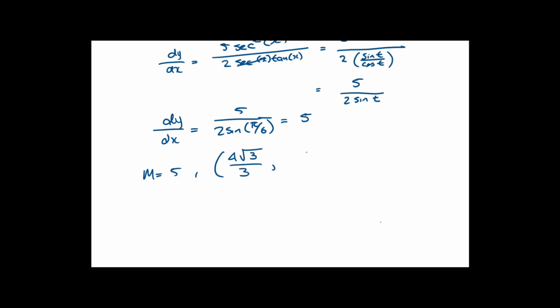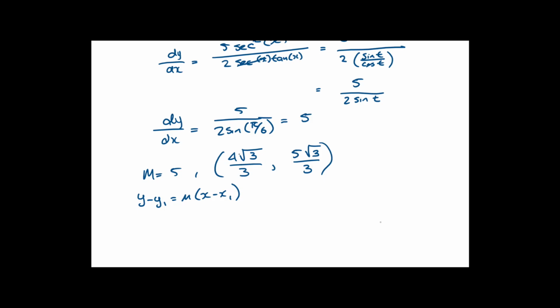Just copying it up from the top. All right, so y minus y1 equals m times x minus x1.